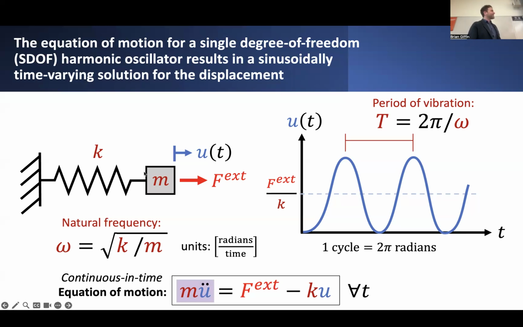And if you want to get the actual period of vibration, you just take 1 divided by the frequency. But it's important to note that there's a slight distinction in the units here. Typically, when you compute natural frequency by taking the square root of k divided by m, the units you get out of this are in radians per unit of time.